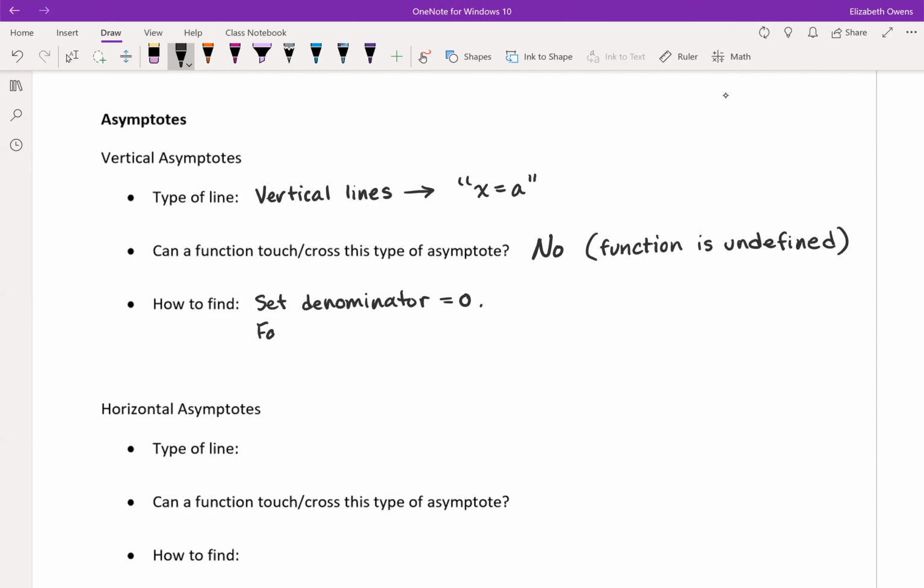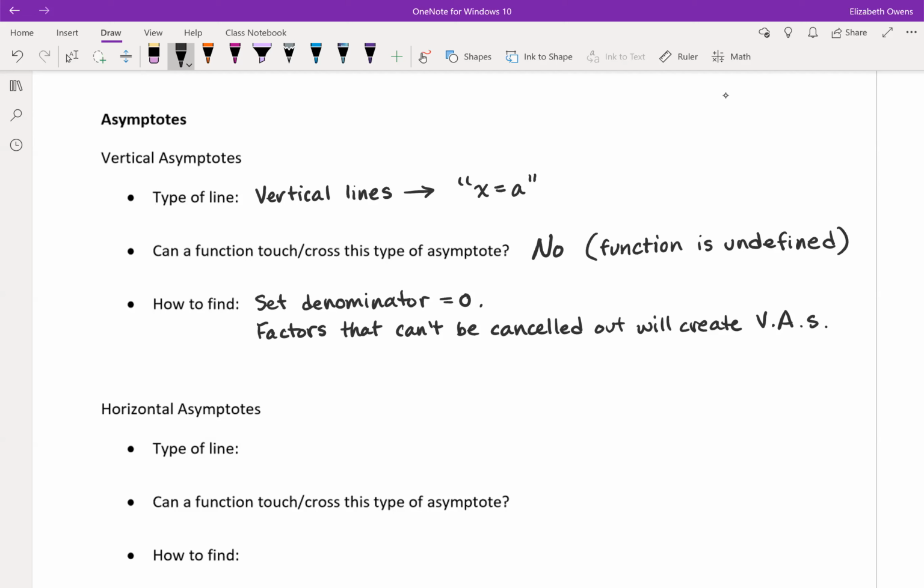And then factors in that denominator that can't be canceled out will create vertical asymptotes. I'll abbreviate that as VAs.